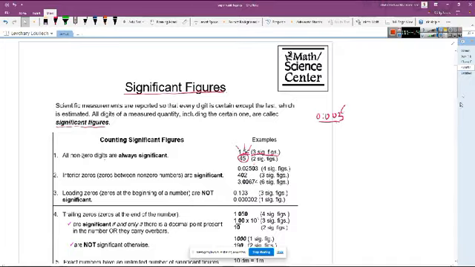And the second rule is interior zeros, right? Interior zeros mean the zeros between two non-zero digits. For example, you can see these are called leading zeros, right? Leading zeros mean zeros at the beginning of a number.